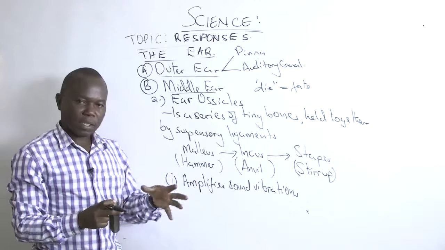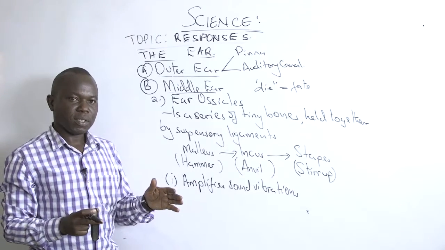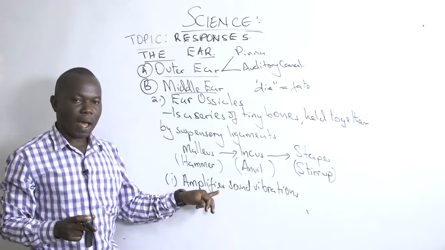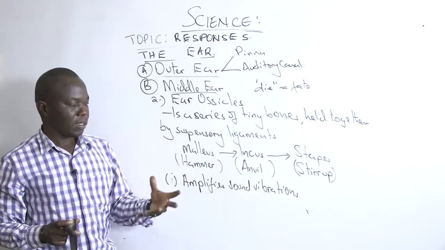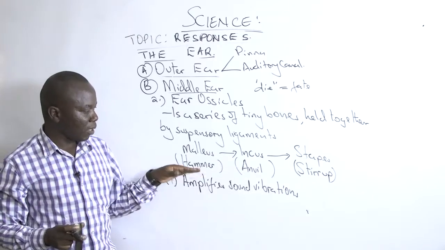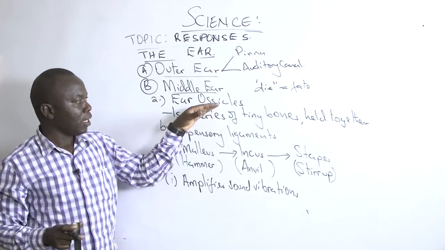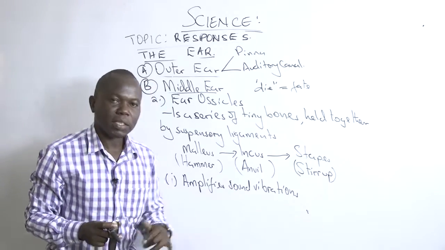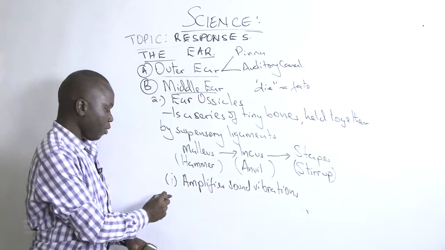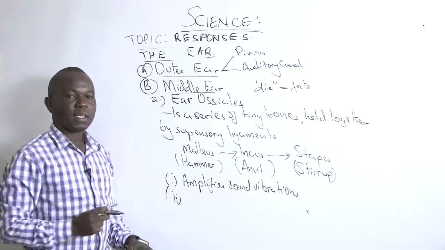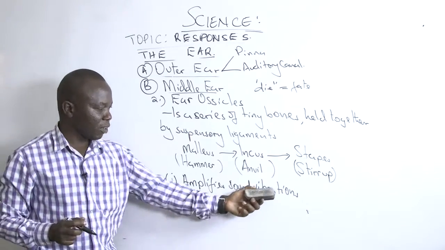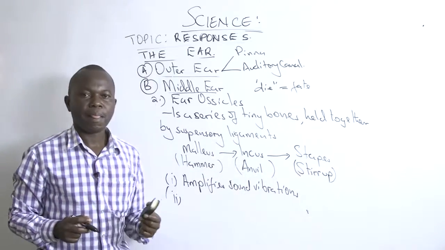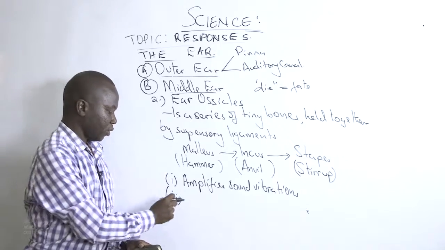So to maintain that sound as it was in form of sound waves, there must be a way of amplifying the vibration. One of them is by the ear ossicles. After amplification of these sound vibrations, there will be transmission of sound vibration to the oval window via these ear ossicles.